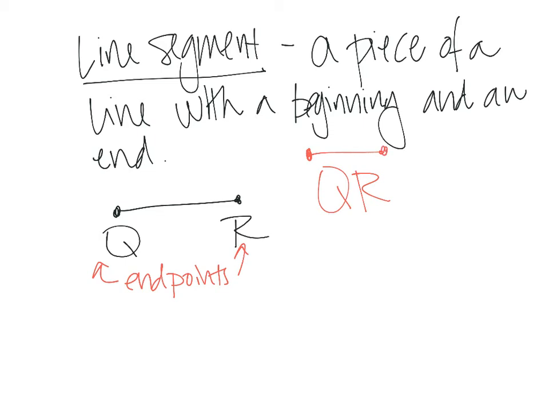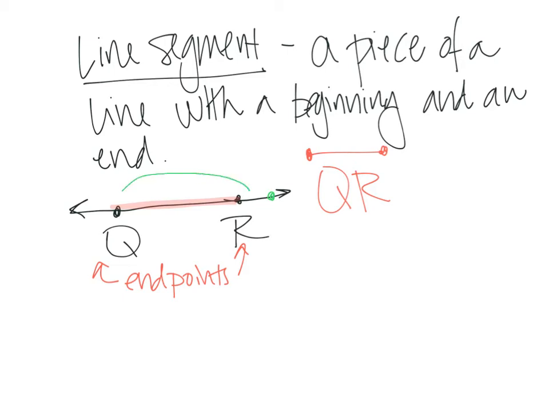And sometimes you'll even see the actual points on the end. Now, like I said, this could be a part of a line. So it could be that line QR actually extends in both directions. But the line segment QR only refers to this piece right here, the Q to R, and only that. If there's something that rests outside of line segment QR, like say it rests out here, that is not part of that line segment.